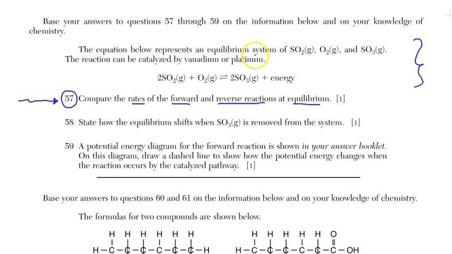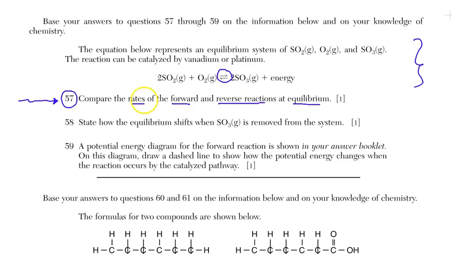You can see the double arrow up here, but my friends, you didn't need any of this to answer this. This could be a multiple choice question. If you've done enough tests, you've seen the question where you say, which of the following is true about equilibrium, or something along those lines.